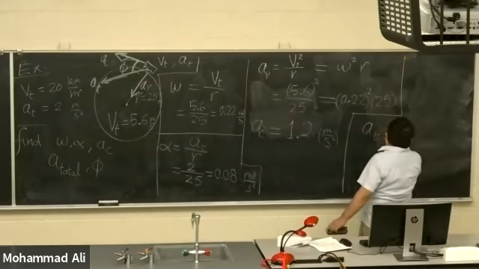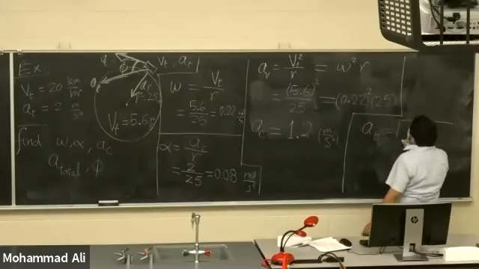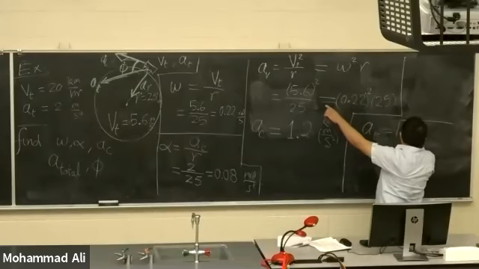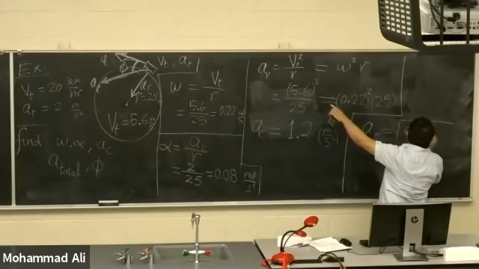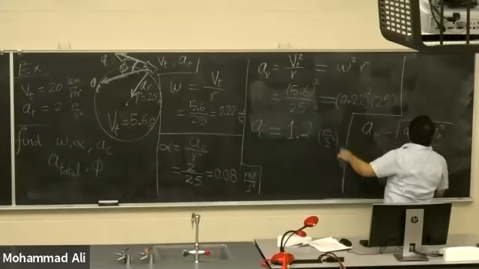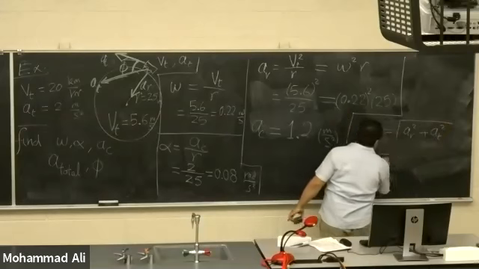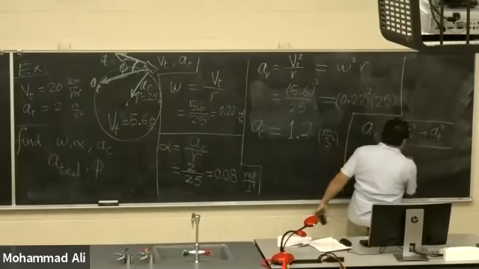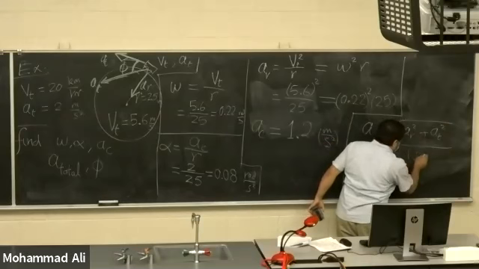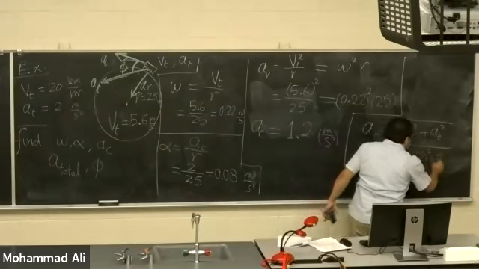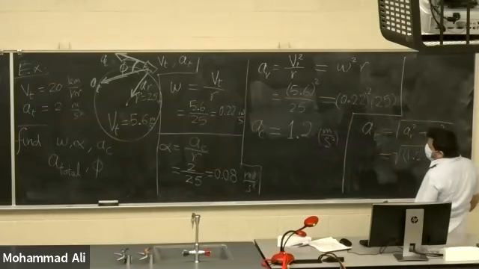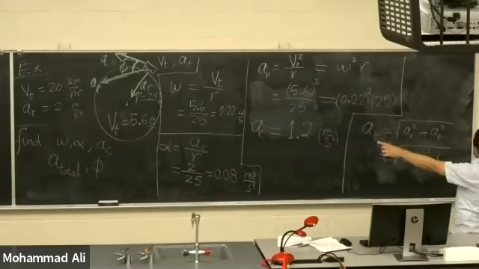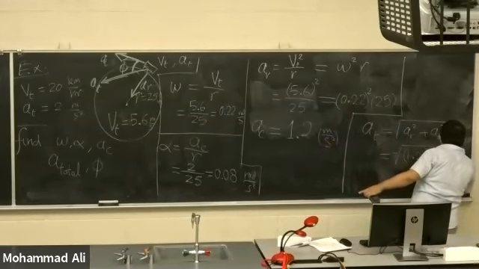A total is equal to the square root of AR squared plus A tangentially squared. We just need to apply the numerical values: 1.2 squared plus A tangential, which is 2, given from before.